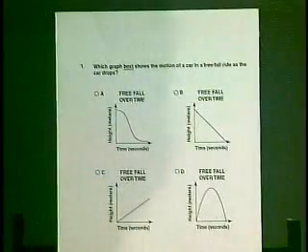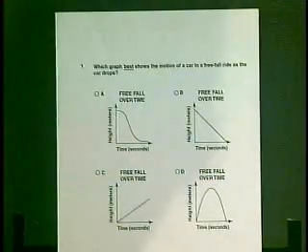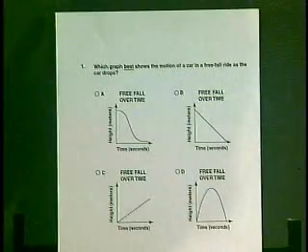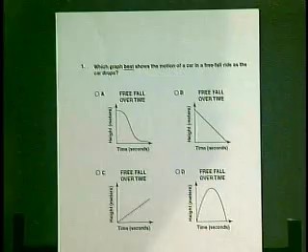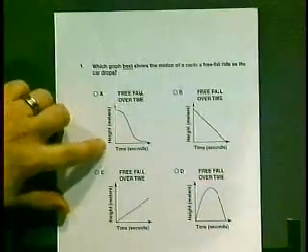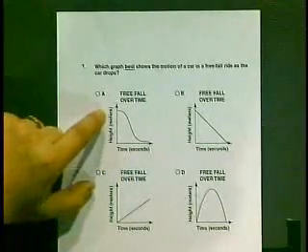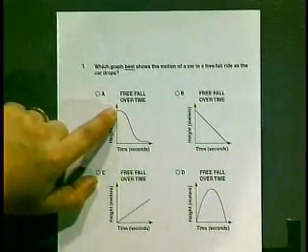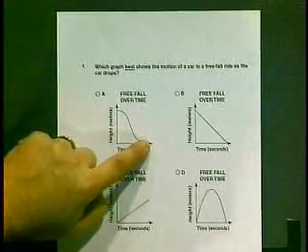From what we just heard, which of these graphs would best show what's happening in a free fall ride as the car drops? That's very, very important, as the car drops. Notice again that this is height and this is seconds. Notice that we start at a high point and we move down over time to a lower point.